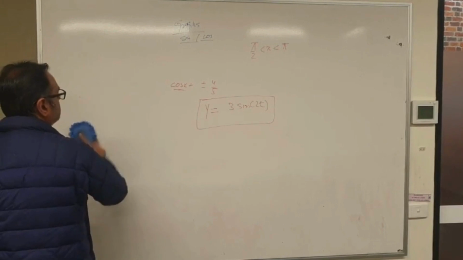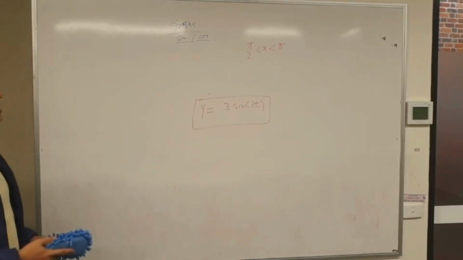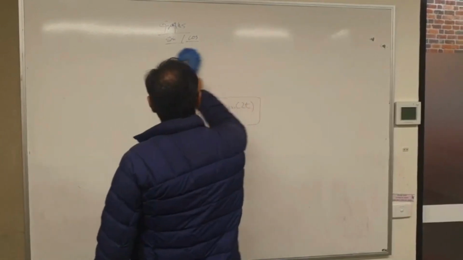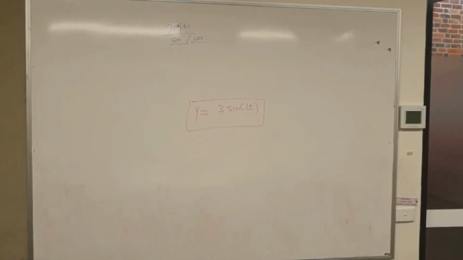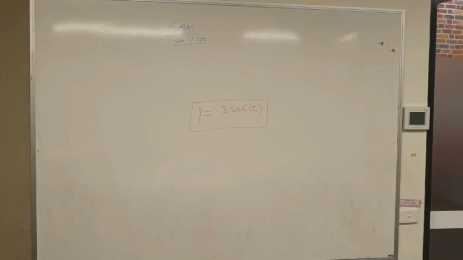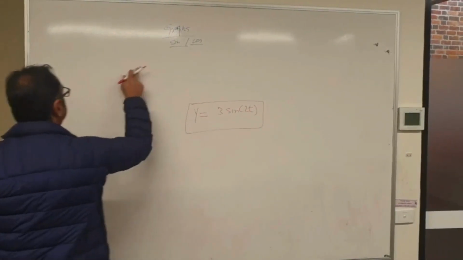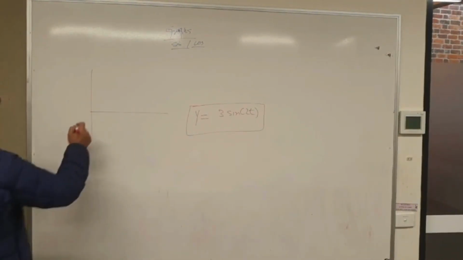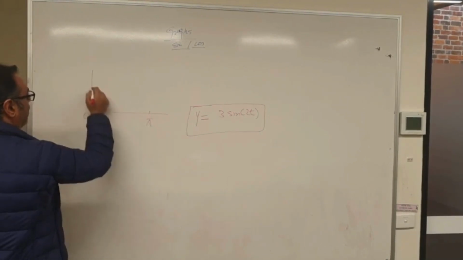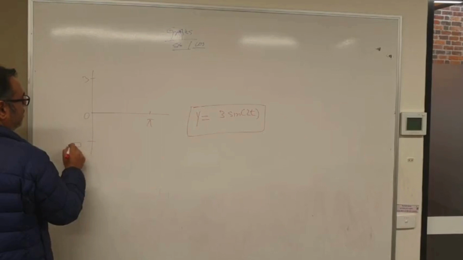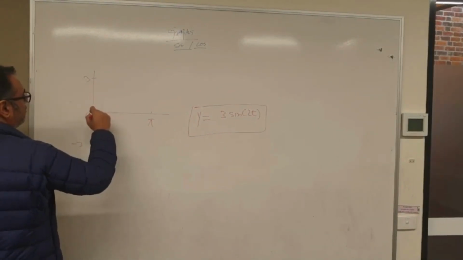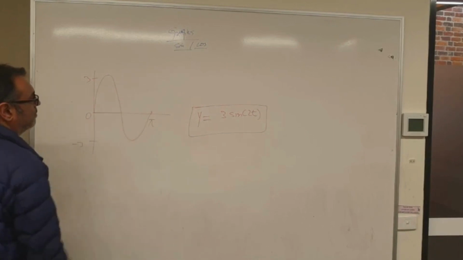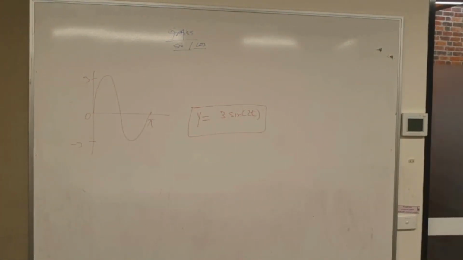Pi. Is that correct? Yes. What is the amplitude? 3. And how do I draw the graph? From 0 to pi, how high should I go? 3, and minus 3. And you finish the entire cycle at pi. All good?